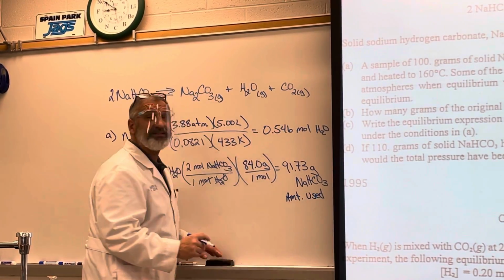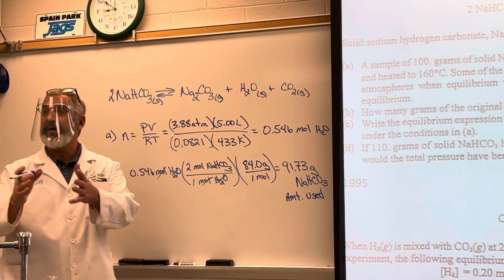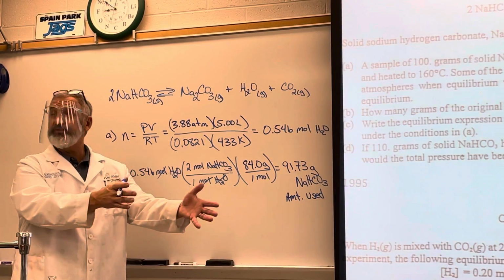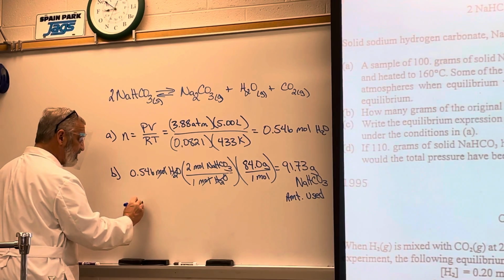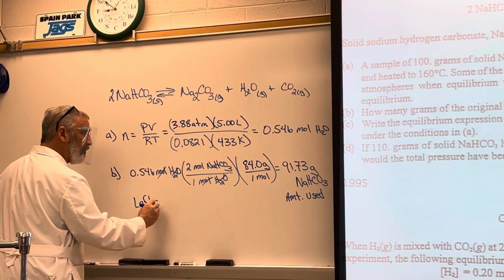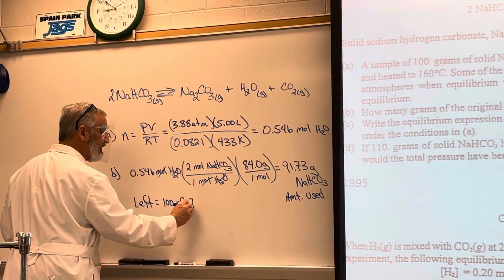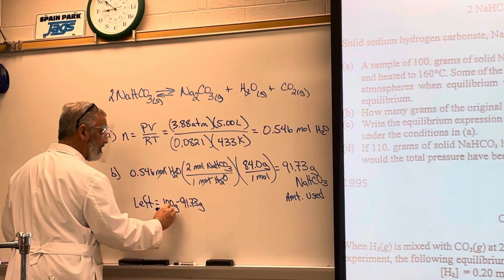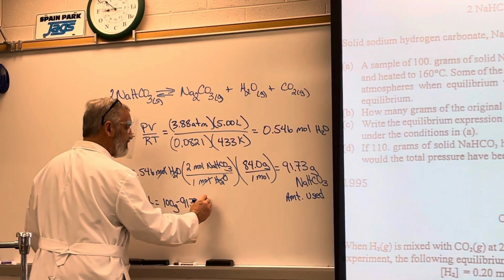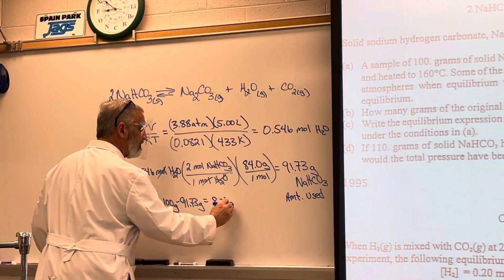So now remember, to find excess, you always find the amount used and then subtract from the amount given. So left equals 100 minus 91.73 grams, which is going to equal 8.27 grams left over.